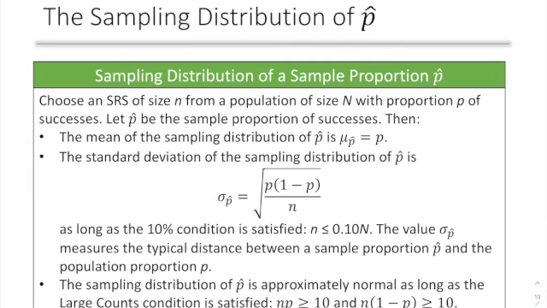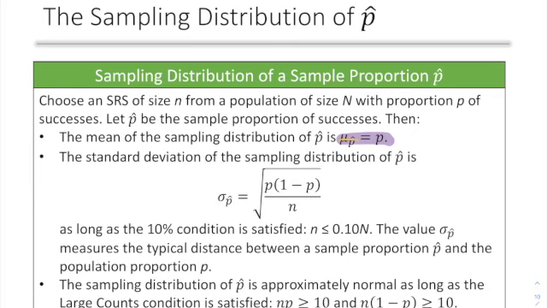So here we have a generalization on how to determine the mean, the standard deviation, and the shape of a sampling distribution of a sample proportion. If we're choosing a random sample, the mean of the sampling distribution, mu sub p hat, is going to equal whatever my parameter value is.